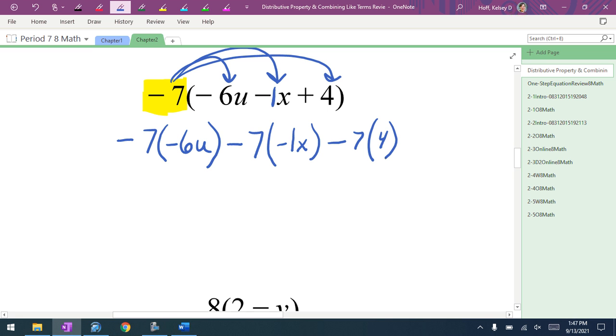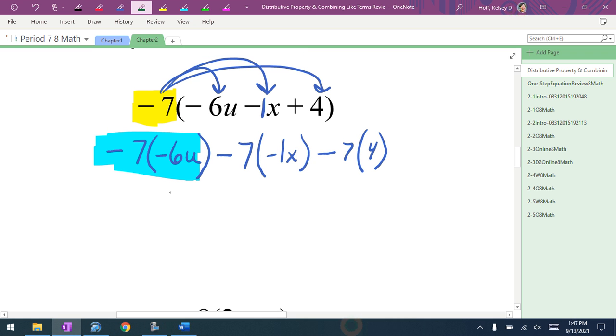Okay? Now we multiply. Think before you shout. -7 times -6u. Positive or negative? She says positive 42. Anybody else? Just don't forget the u with it. Nicely done, Aspen. A negative times a negative is a positive.